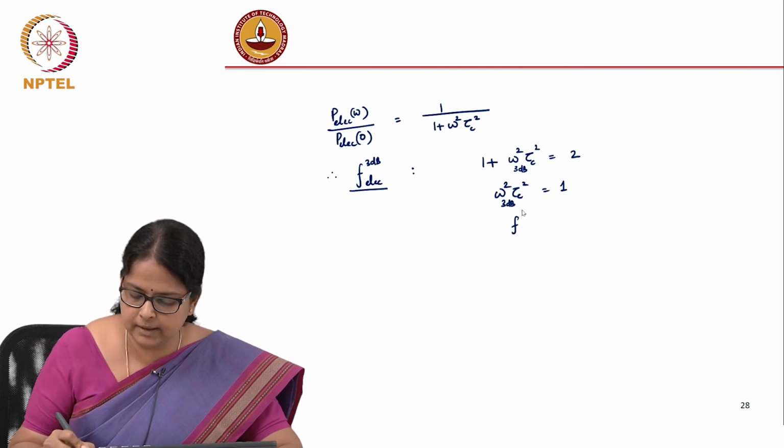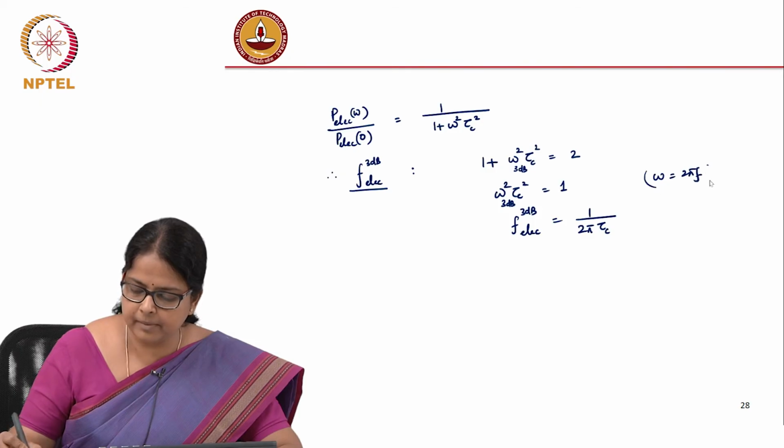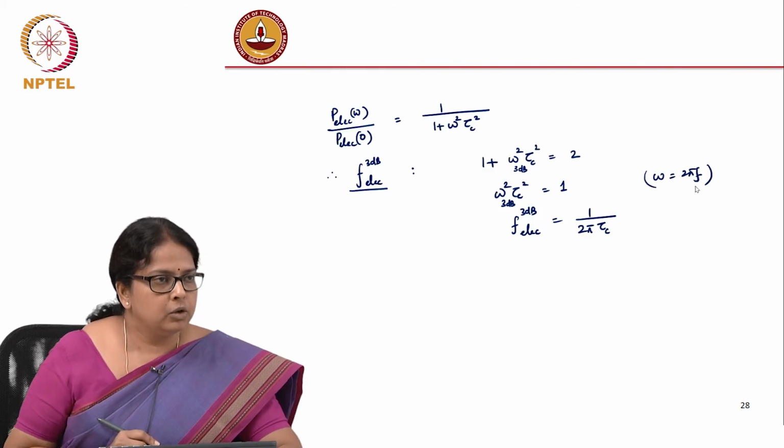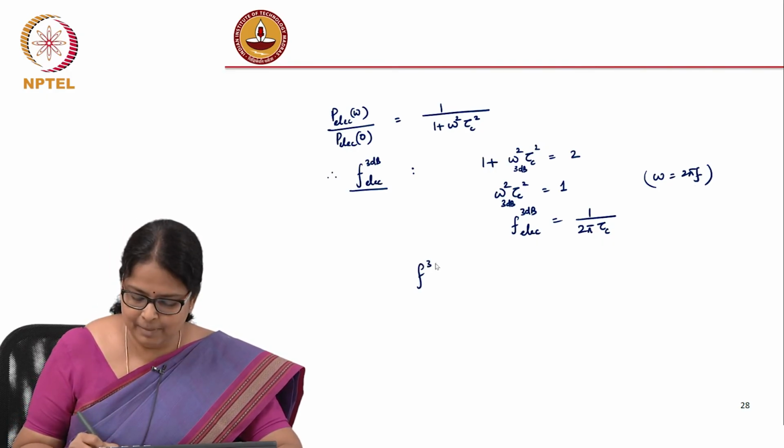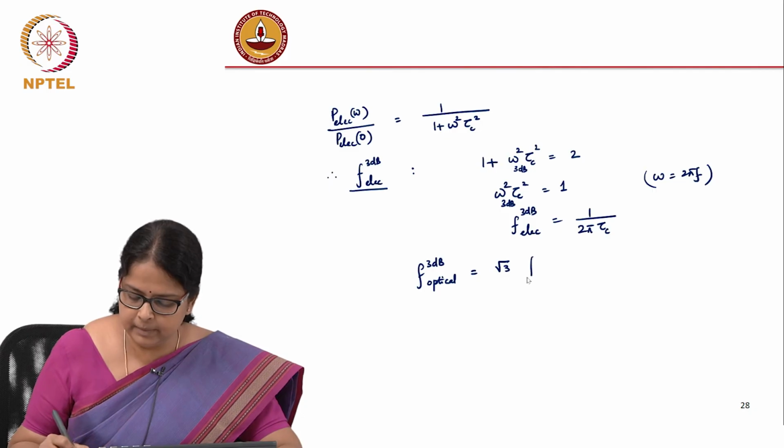So, frequency 3 dB electrical is 1 divided by 2 pi tau c, because we know omega is 2 pi f. So, what is the relation between optical bandwidth and electrical bandwidth now? F 3 dB optical is actually root 3 times F 3 dB electrical.